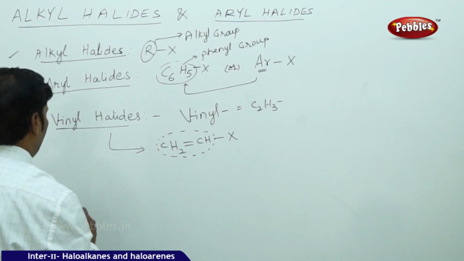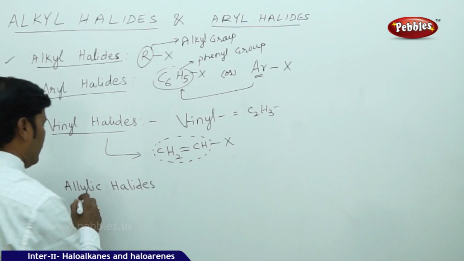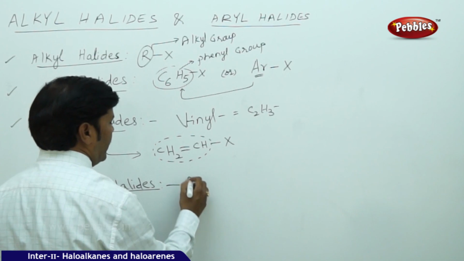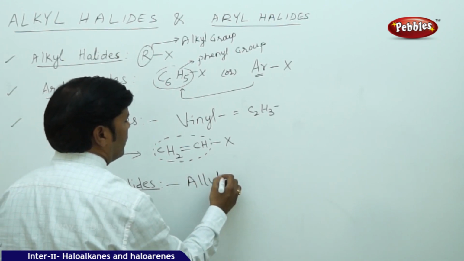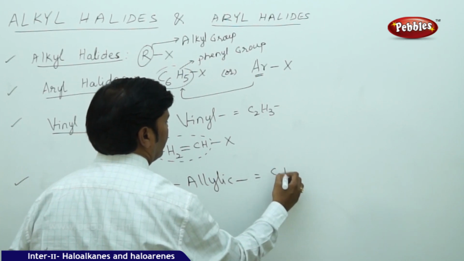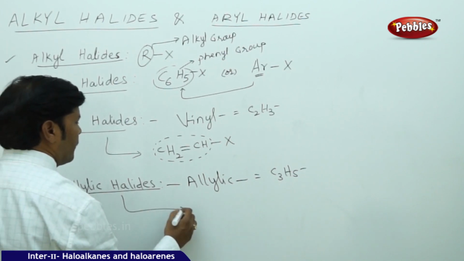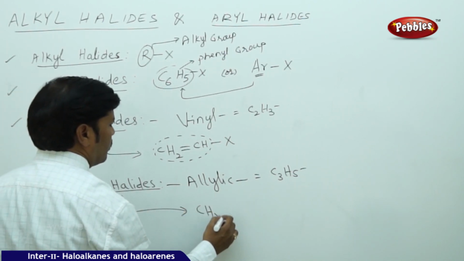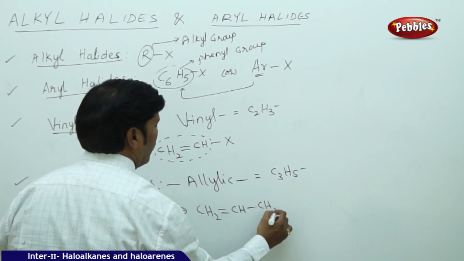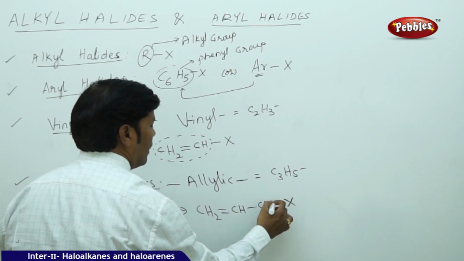Also we can take allylic halides. The allylic group is C3H5, so you can take this as CH2=CH-CH2-X.